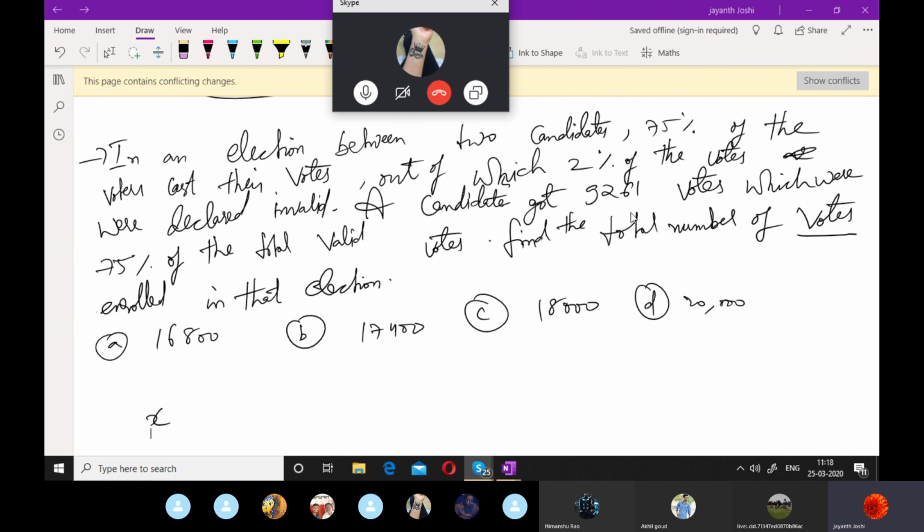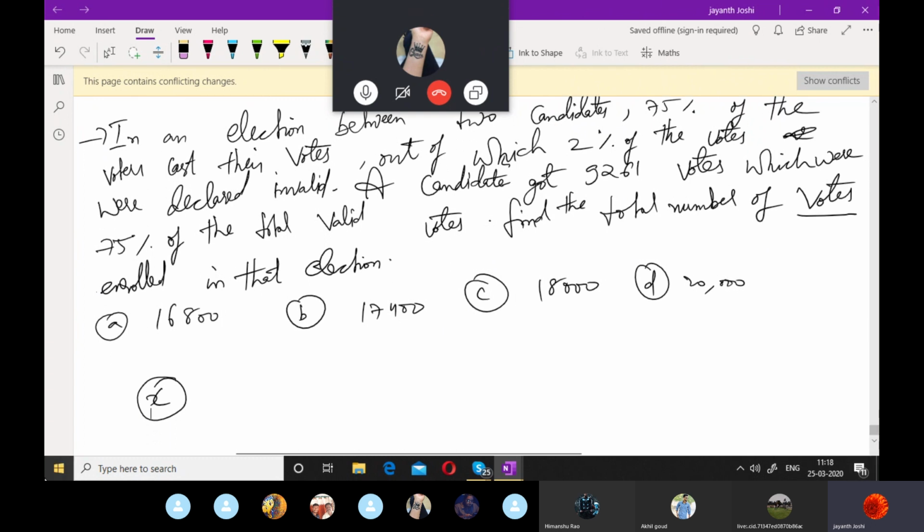In an election between two candidates, we don't know the total number of votes enrolled, so we are taking that as x. Let the number of votes enrolled be x. 75% of the voters cast their votes. So we have taken this.